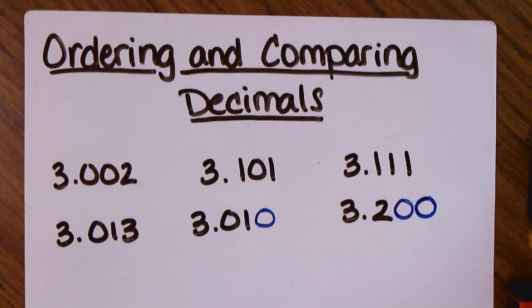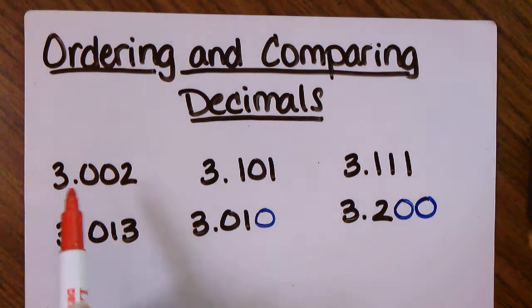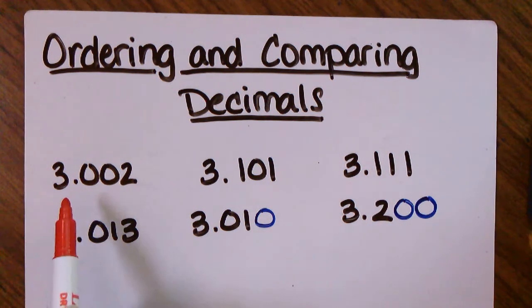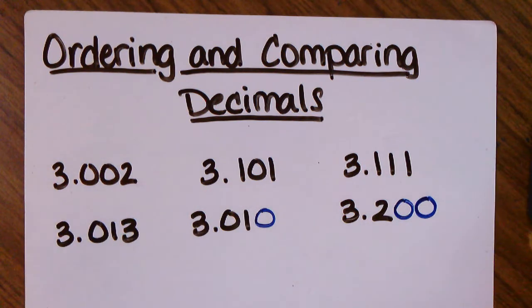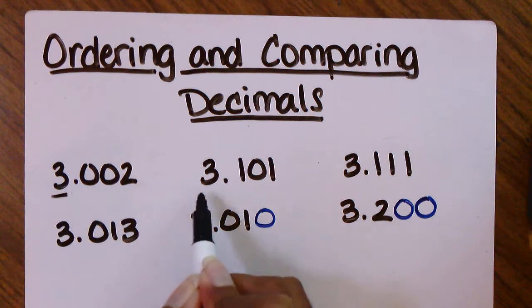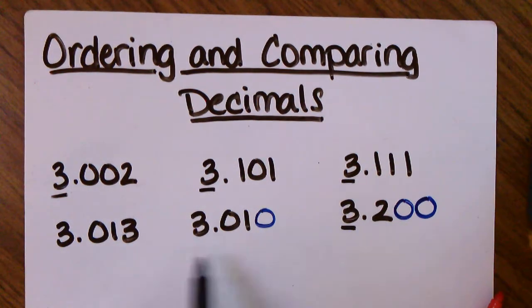Now that we have all of our decimals with the same number of digits after the decimal place, we just want to look at each number, and we want to look at the digits in order from left to right. All of our whole numbers are a 3, so we have a 3 in our ones place for all of these numbers. That doesn't tell us anything about which one's bigger, which one's smaller.